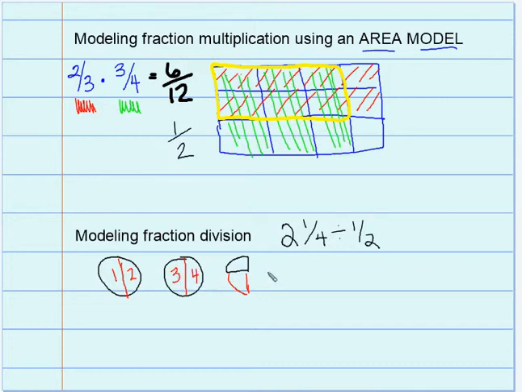And what fraction of a half is that piece that we had? Well, it's half of a half. So this ends up being 4 halves and half of a half. 2 1/4 divided by 1/2 is 4 1/2.